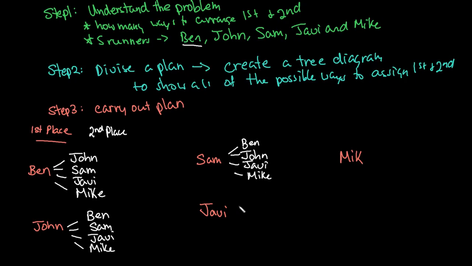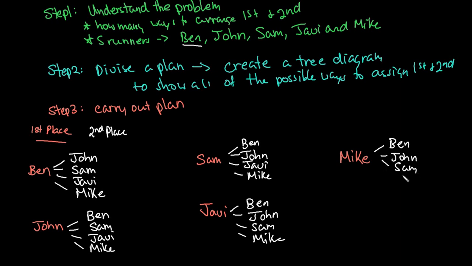With Javi in first, it could be Ben, John, Sam, or Mike in second place. And then the final one is if Mike comes in first place, we could have Ben, John, Sam, or Javi come in second place.